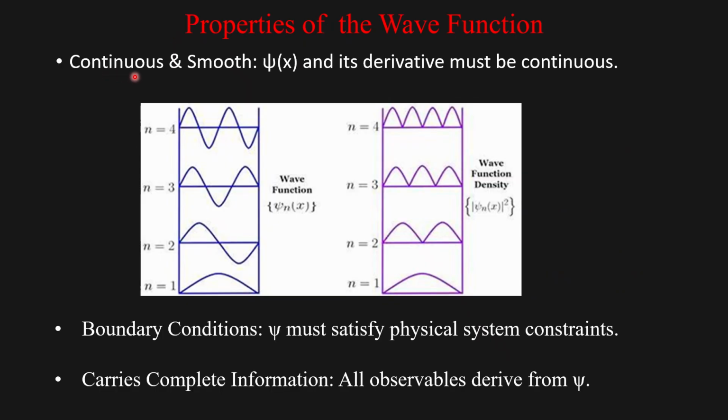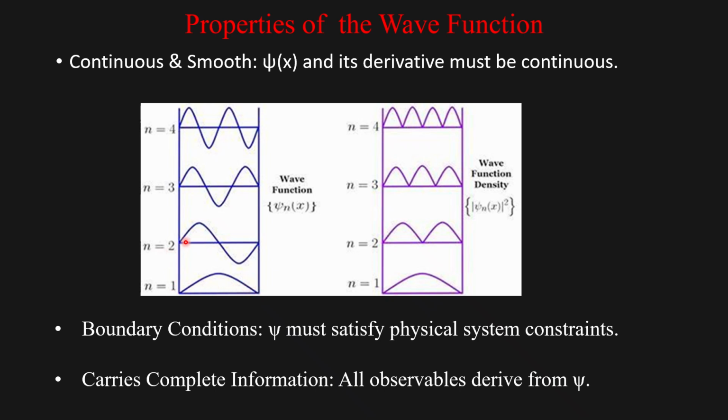The wave function must be continuous and smooth. That is, the wave function and its derivative must be continuous, and it must satisfy the boundary condition. We are going to see the case of the infinite square well potential, where the wave function vanishes at the boundaries. When n equals 1, the wave function vanishes at both boundaries.